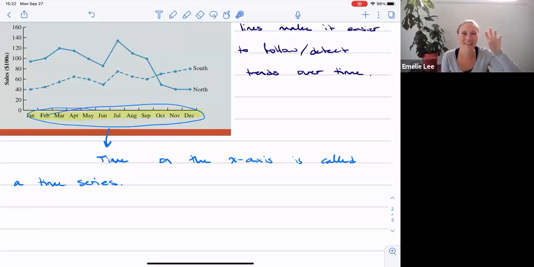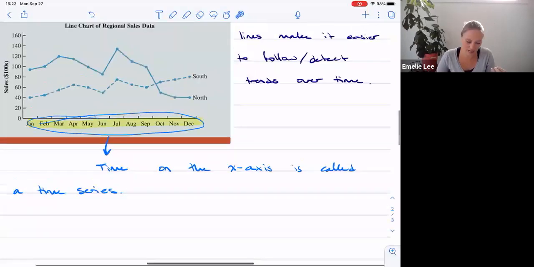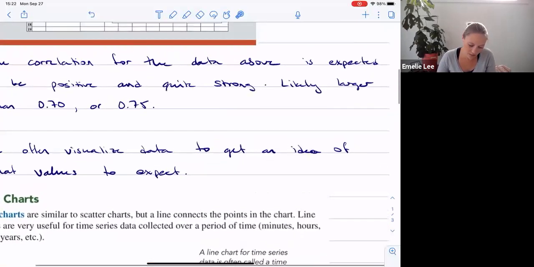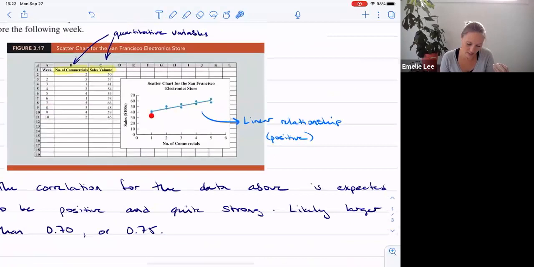So you lose that independence that we're assuming here when we're just looking at a scatter plot. We're just assuming that week 1, 2, 3, 4, although they seem to be time series, they are, but we're not looking at time on the x-axis, which we could, but we're not.